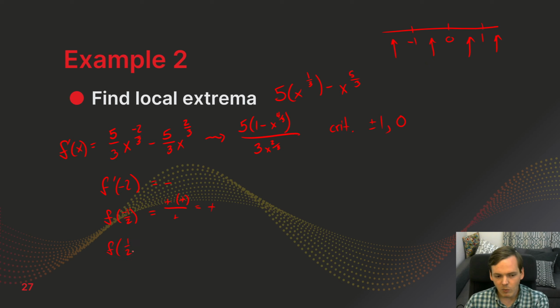If I plug in 1/2, we'll get a positive 5, a positive number from the 1 minus x to the 4/3, and then a positive denominator. So that means we'll have a positive number here. And then lastly, for f prime of 2, for the same reason that f prime of -2 gave us the values it did, we're going to end up with a negative value here.